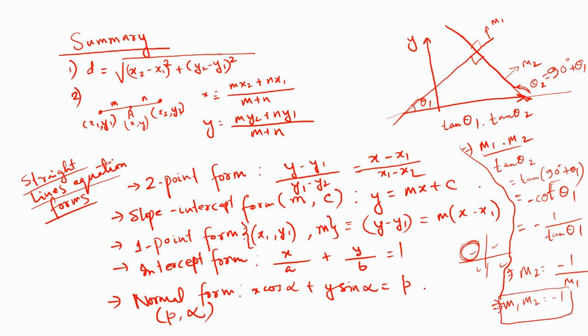This is also a very basic general form which we often use with straight lines. So remember this too. I think that's all for this class. In the next class we will build upon it. I hope you enjoyed it. Thank you.